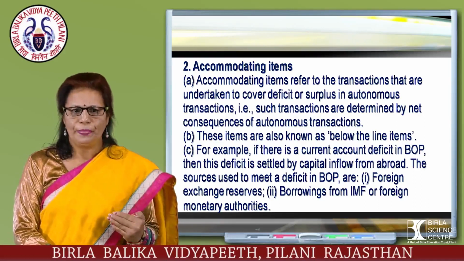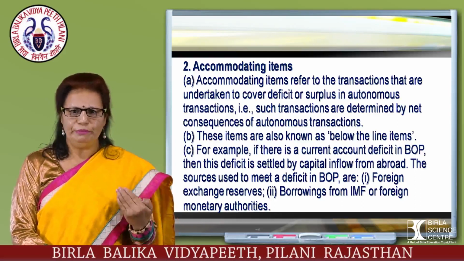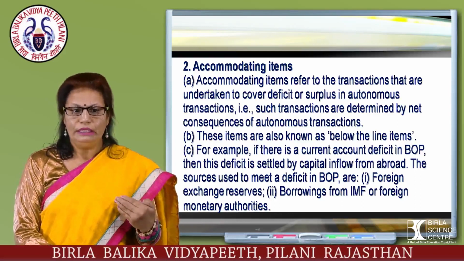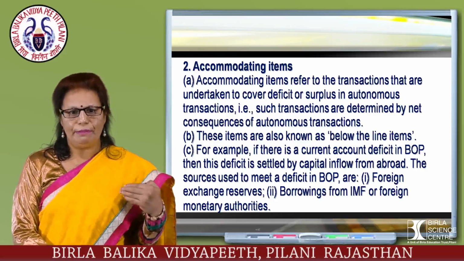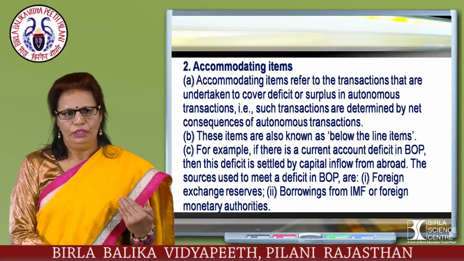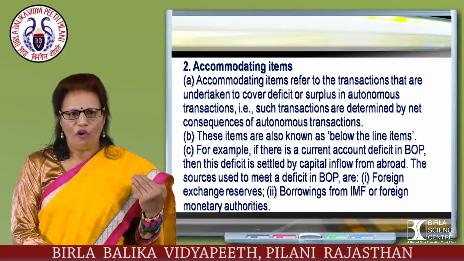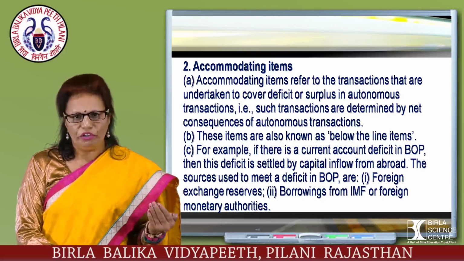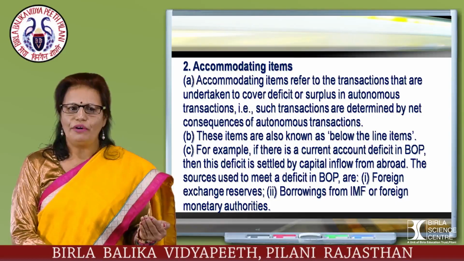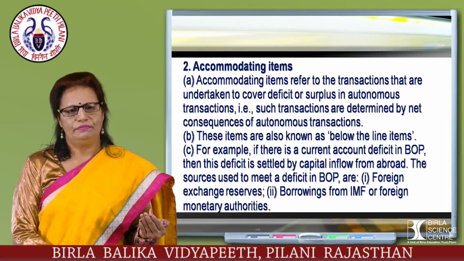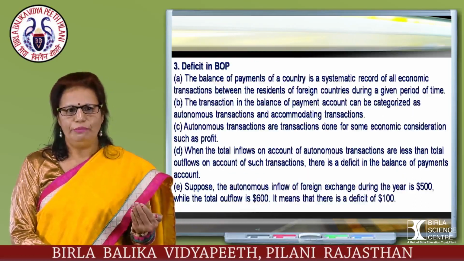For example, if there is a current account deficit in BOP, then this deficit is settled by capital inflow from abroad. The sources used to meet a deficit in BOP are foreign exchange reserves, borrowing from IMF or foreign monetary authorities.